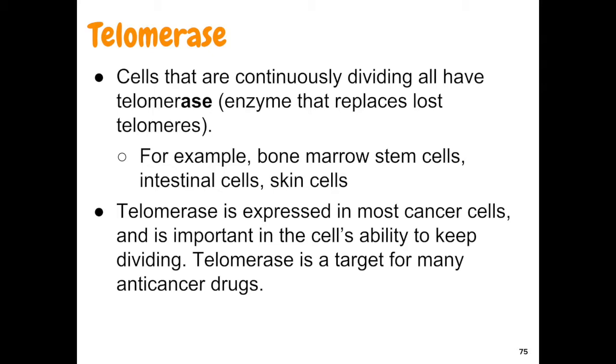And this region of repeated nucleotides contains non-coding DNA, and it hinders the loss of important DNA from the chromosome ends. And as a result, each time the chromosome is copied, only 100 to 200 nucleotides are lost, which causes no damage to the organism's DNA.